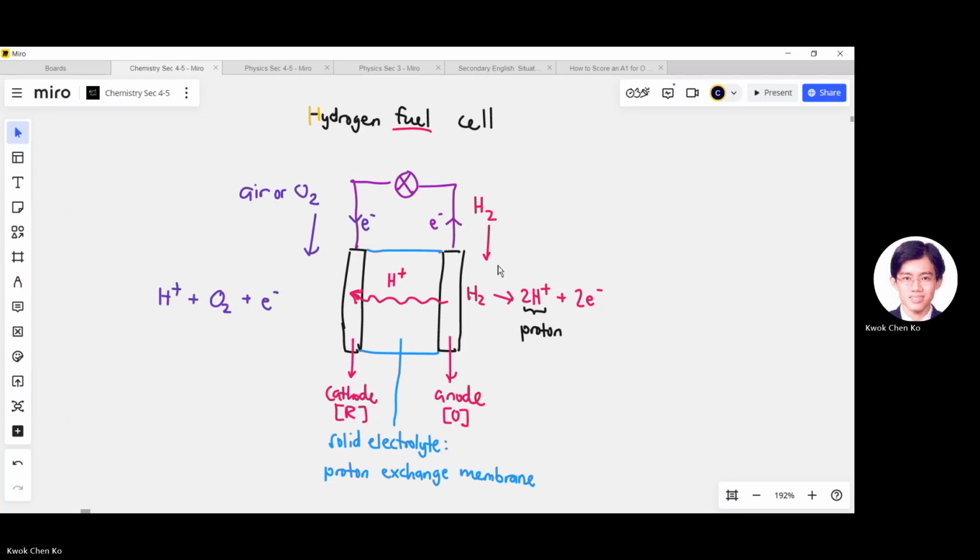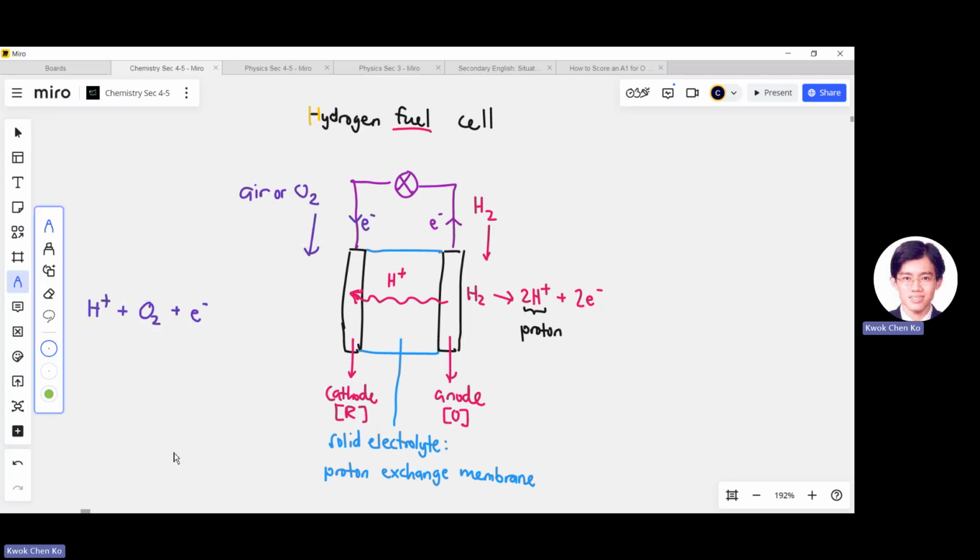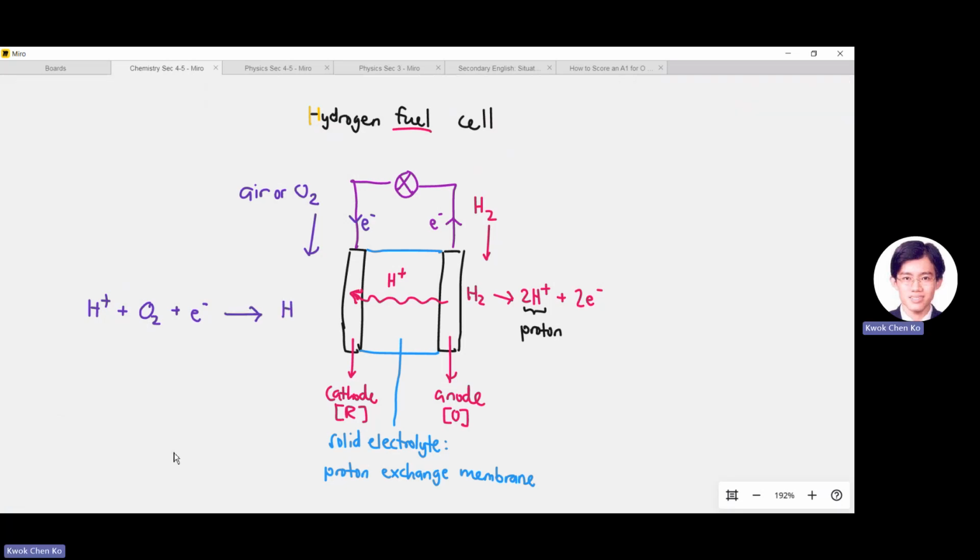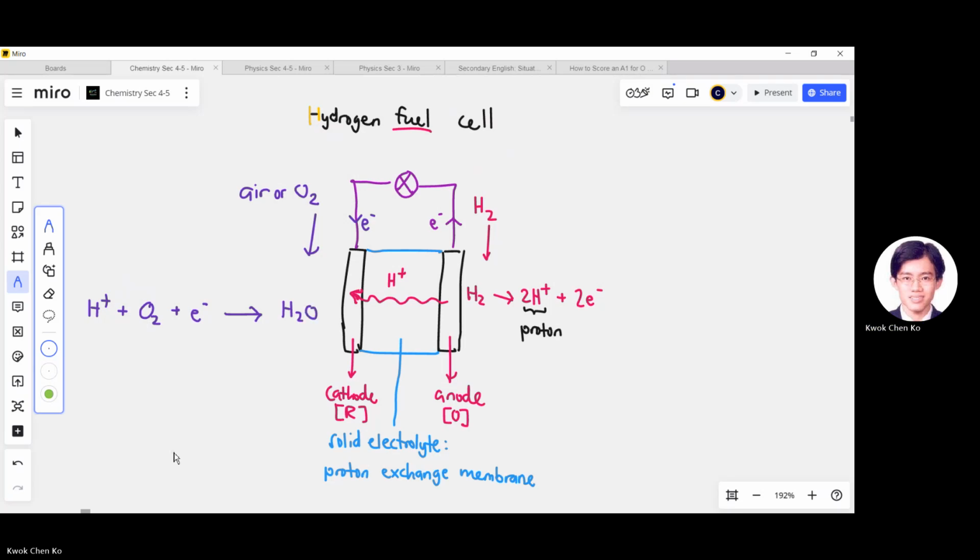So this is the catalytic reaction, or the reduction reaction. What do you get then? No surprise, you get water. So balance it.